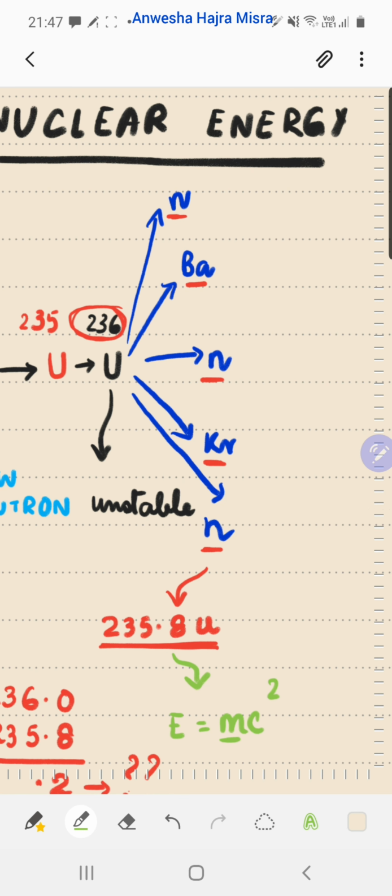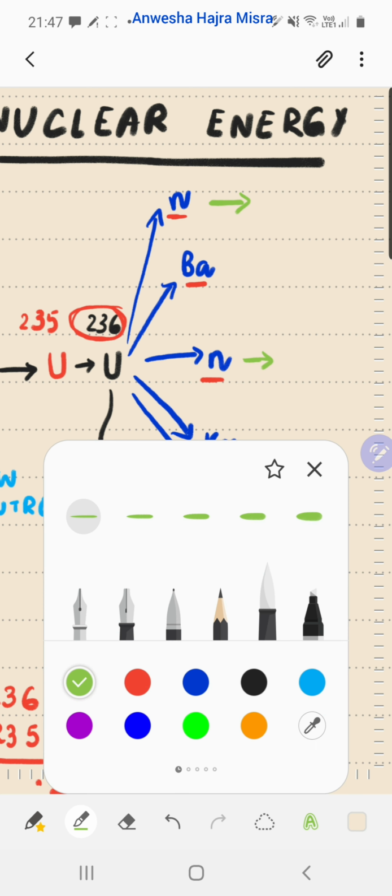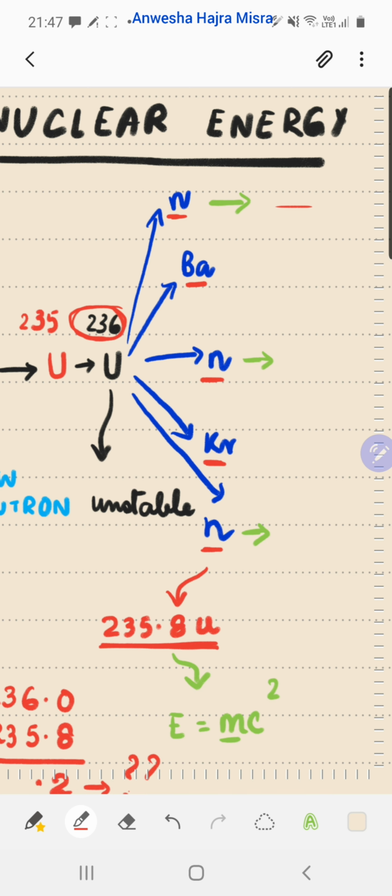Now, what happens? The 3 neutrons go and hit 3 more uranium-235, because it is a slab of uranium-235.